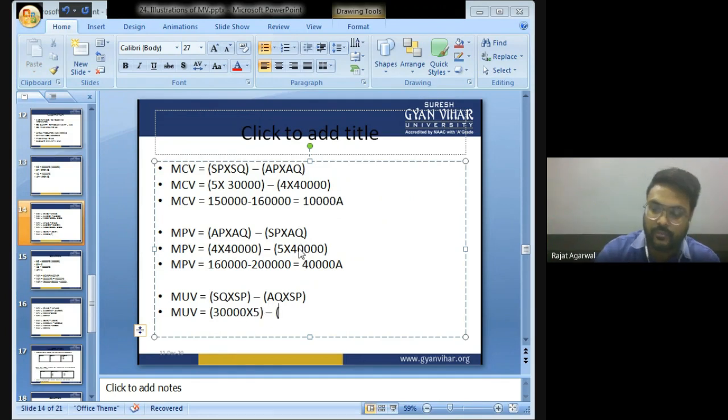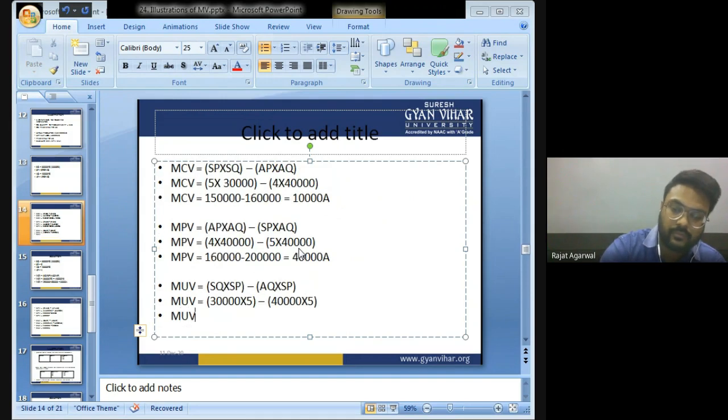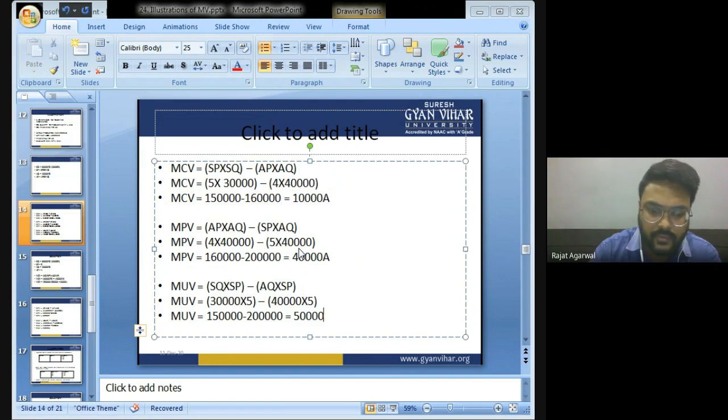Actual quantity is 40,000 into standard price is 5. 30,000 into 5, 1,50,000. 40,000 into 5, 2 lakh. The difference is 50,000 favorable.